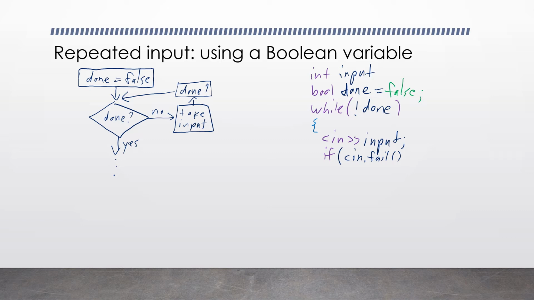If cin.fail, then we say done equals the literal value true. Else, we use or store the input number.